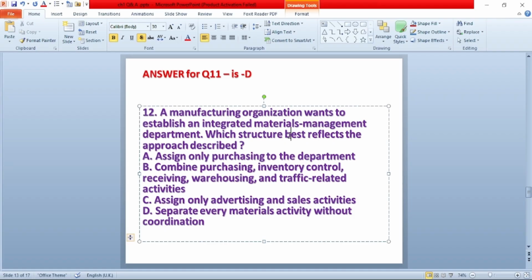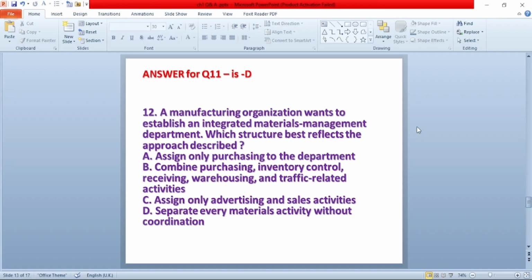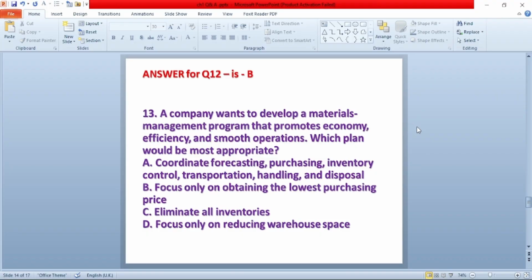Question number 13. A company wanted to develop a material management program that promotes economy, efficiency, and smooth operation. Which plan would be most appropriate? A. Coordinate forecasting, purchasing, inventory control, transportation, handling, and disposal.